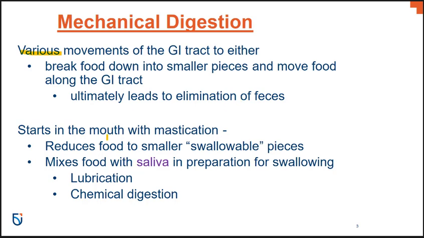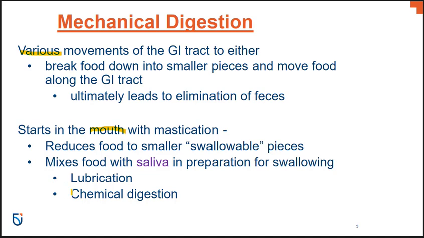Mechanical digestion begins in the mouth with the process of mastication, which is the chewing of food. This allows us to take in bulky food and chew it into smaller pieces, allowing us to then swallow the food in less of a bulky state. In addition, during mastication, food is mixed with saliva, which lubricates it, making it also easier to swallow.